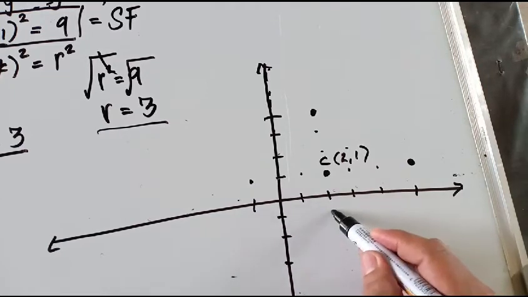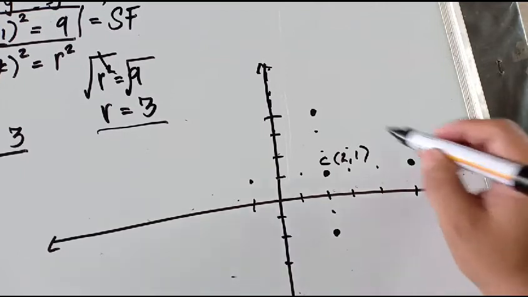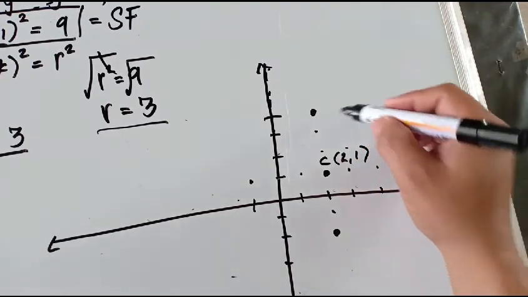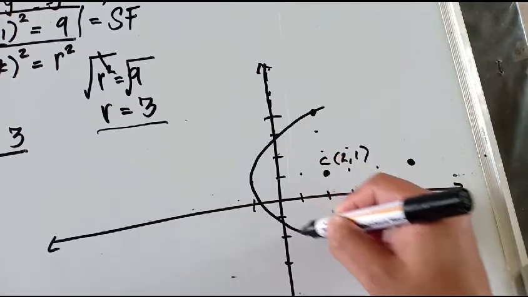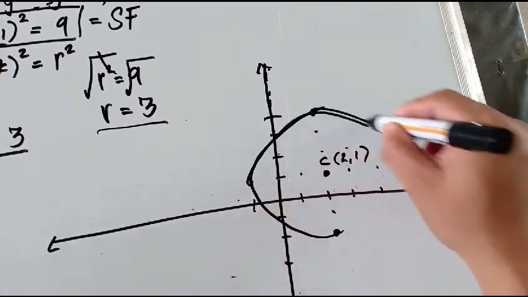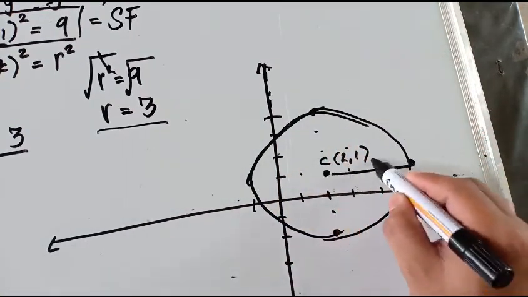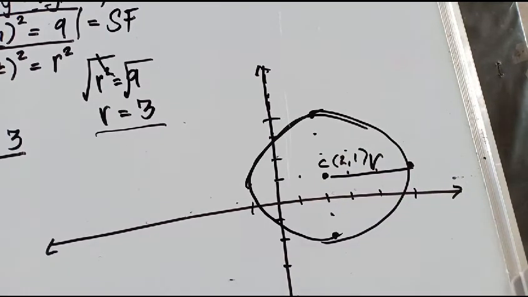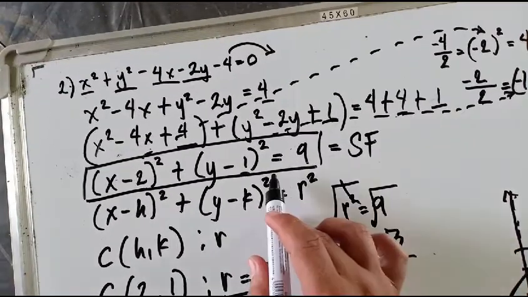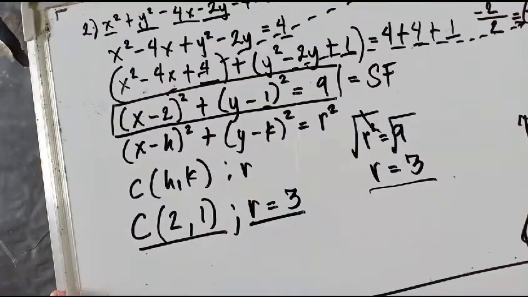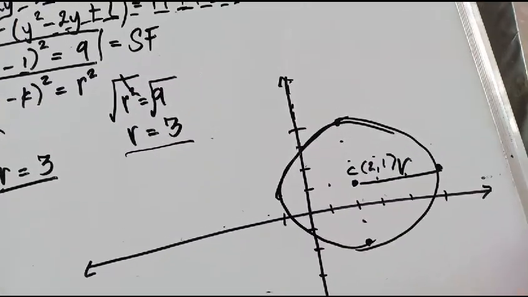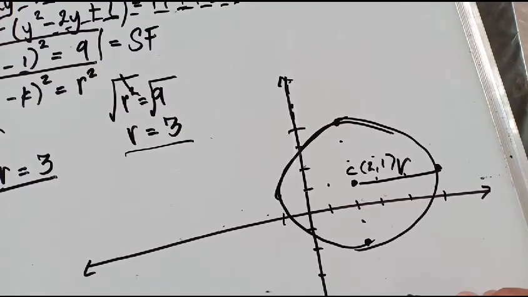Now, if you connect these with a smooth curve, it should look like a circle with a radius equal to 3. So that's how we rewrite a general form of equation into its standard form, taking the center and even the radius, and also graphing the circle.